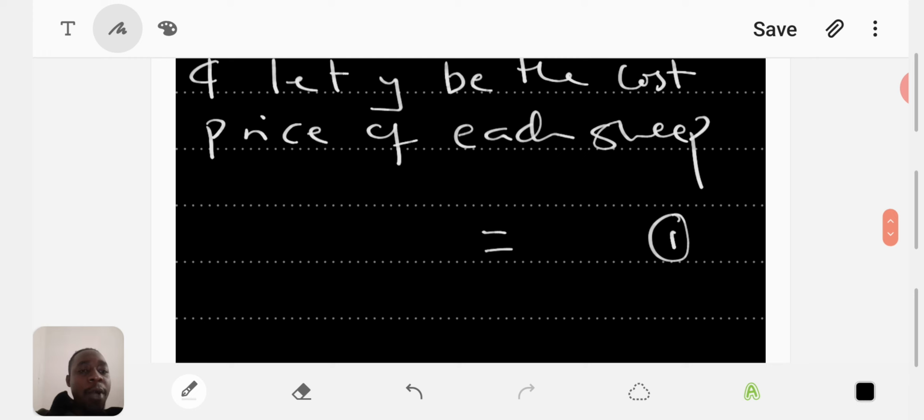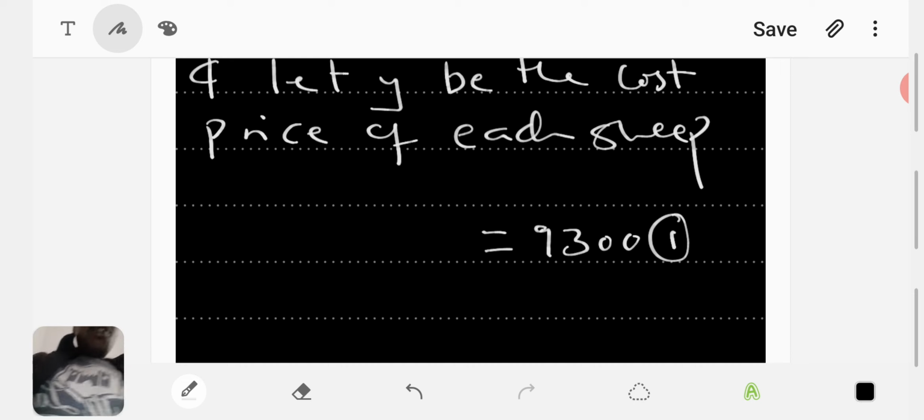Now our selling price in the first part of the scenario is 9,300. We don't have the cost price, so the cost price of the cow is x and of the sheep is y. So from that formula, x plus the profit.